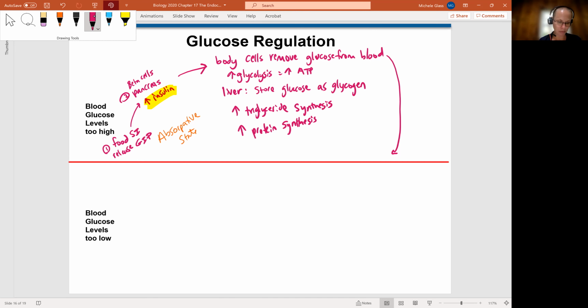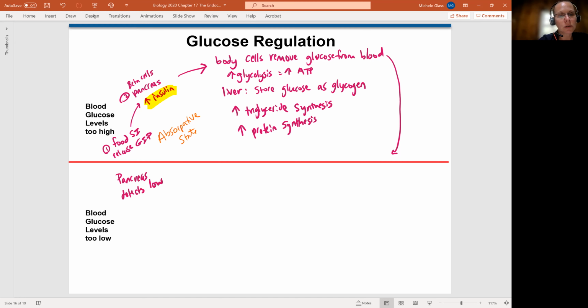So in this case, our pancreas detects low glucose level. And this is going to trigger the alpha cells to make glucagon.